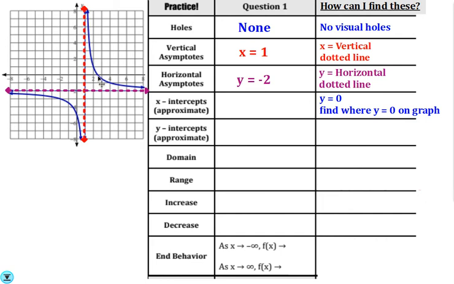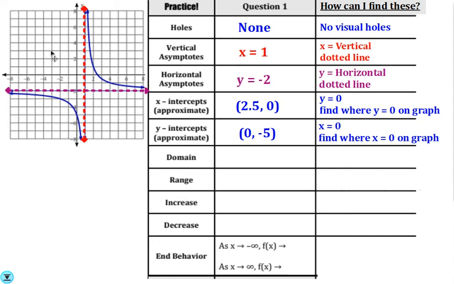It crosses right about here at, I'm going to call it, 2.5, 0. Our y-intercept is going to be about the same. So we're going to find where x is 0 on the y-axis, and that's going to be about -5. So 0, -5. Your 0 is the opposite of what you're looking for. X-intercept, y equals 0; y-intercept, x equals 0.